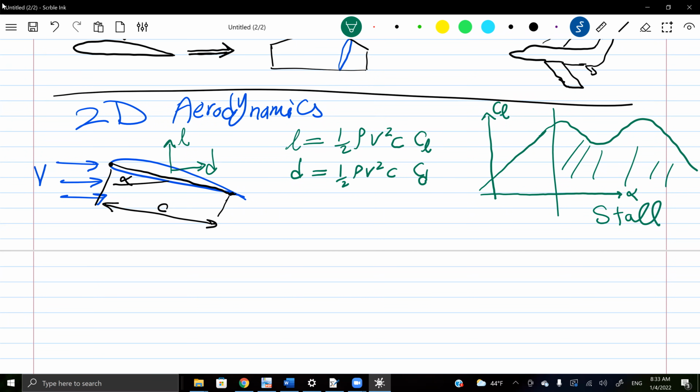No civil airplane flies there, and not all military airplanes fly there either. It's a very critical regime. It's not only about losing lift, you're actually losing control of the airplane.